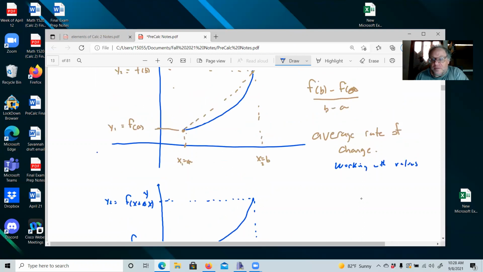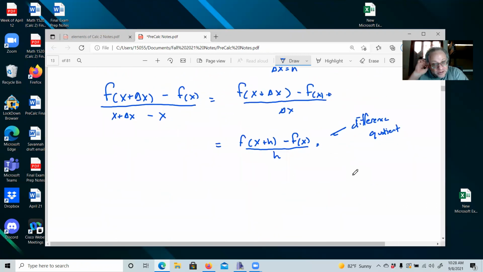So if you're doing finance and you're trying to figure out what the stock market does from day to day, you would say the words average rate of change. If you were checking the price like every second, you would use the term difference quotient. Okay, but they both mean the same thing.